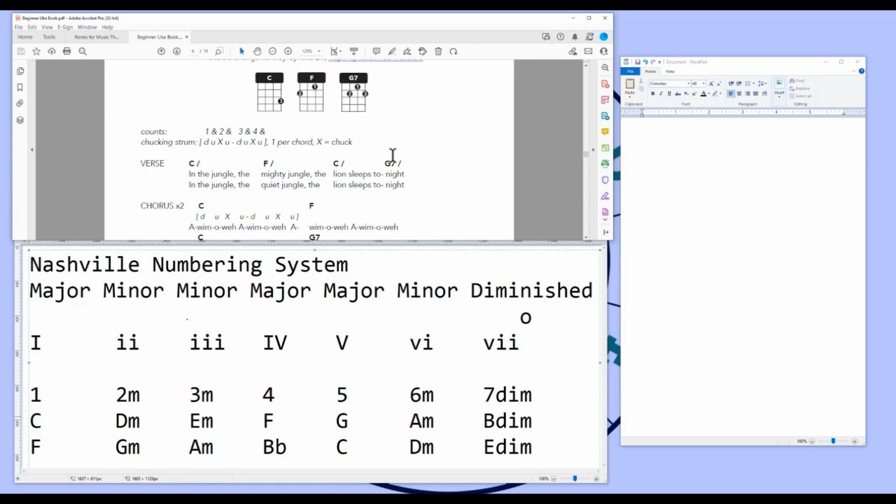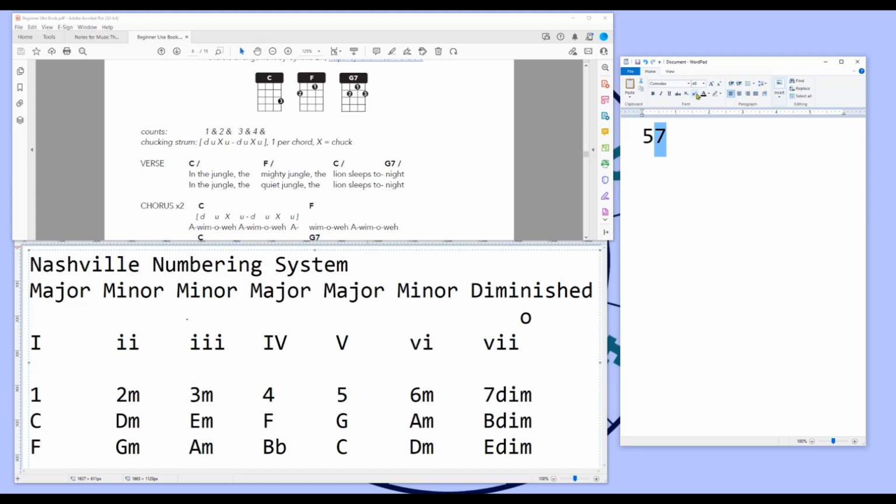A 7 chord is just, in this particular case, in the key of C, you saw that the number of the chord was 5. So the way that we would denote that would be 5 with a superscript 7.